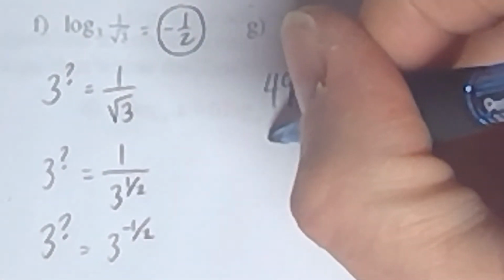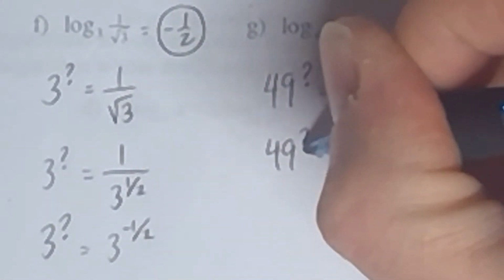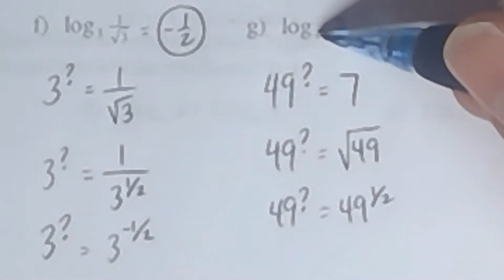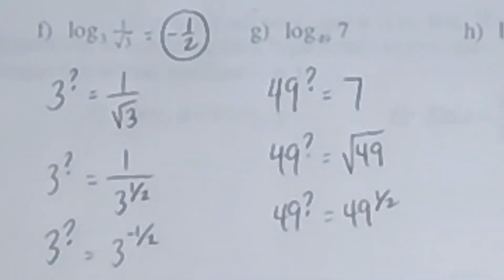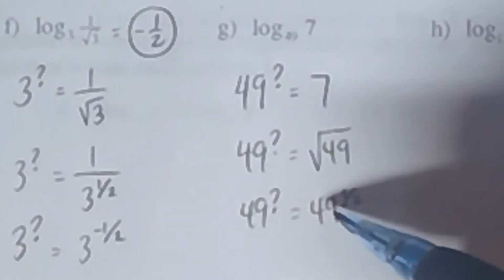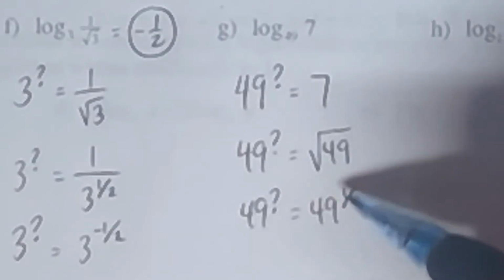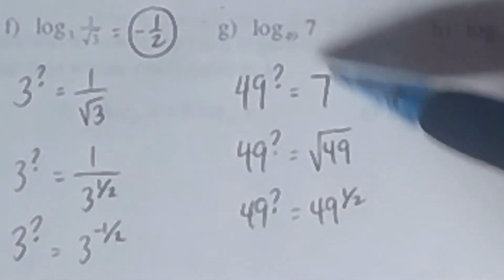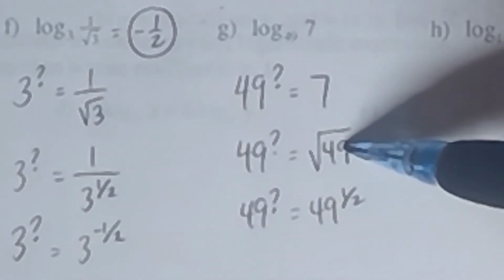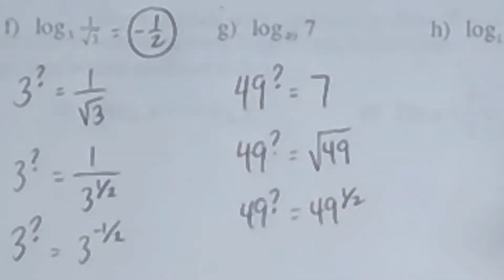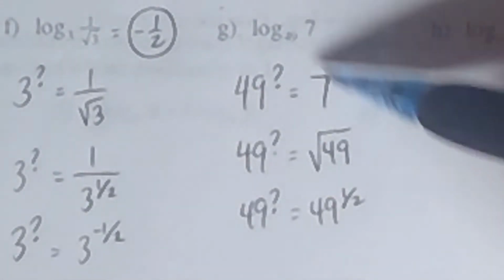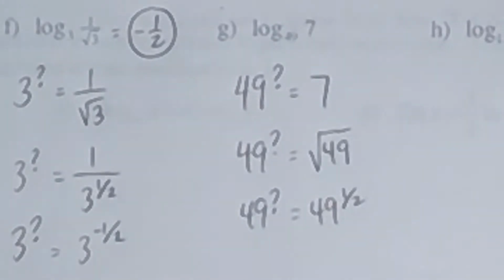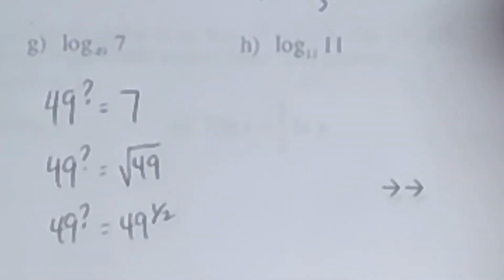Because like I said in problem E, if you have a product term that is the square root of the base, then that missing exponent must be 1/2, because the base to a 1/2 power is supposed to be equal to the product term here, and sure enough, it is equal to the square root of 49, which is 7. So 7 is the square root of 49. We know that 49 to the 1/2 power is equal to the square root. And so that missing exponent again must be 1/2.